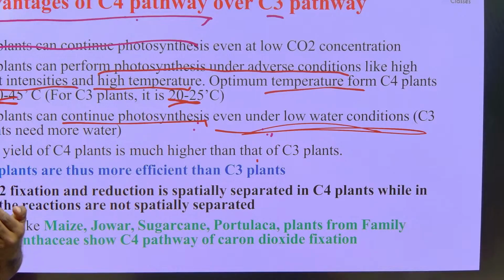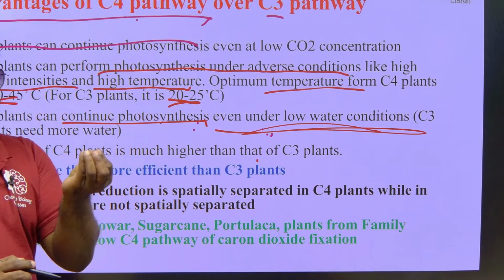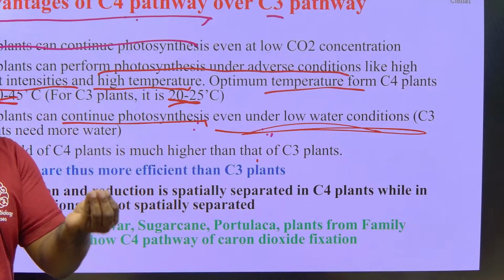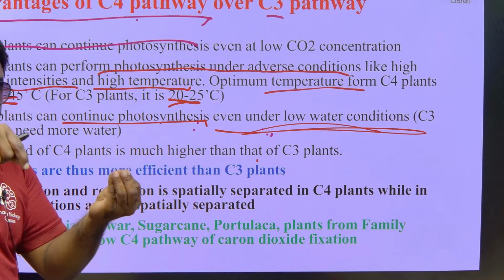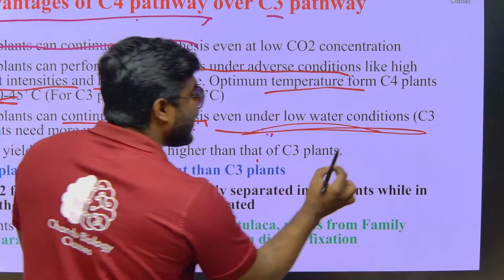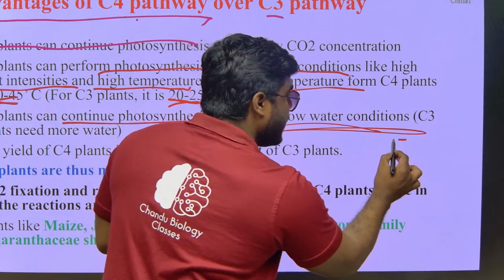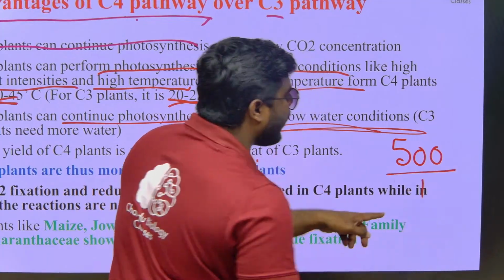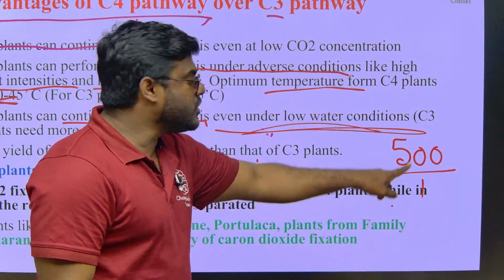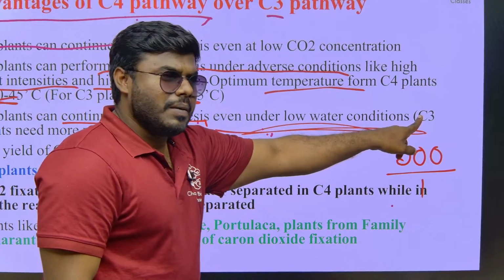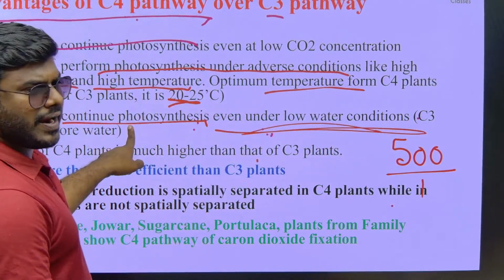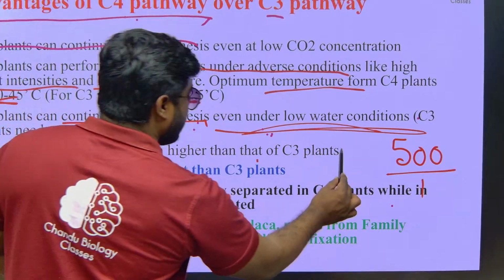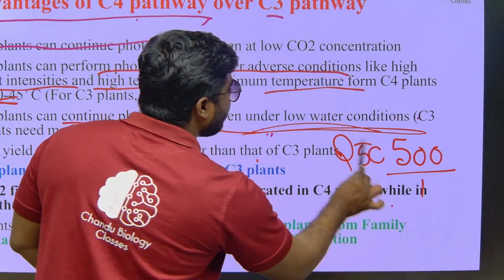C4 plants continue under low water conditions, which is measured by the transpiration ratio. In other words, how many water molecules are used by the plant to fix 1 carbon? If I take C3 plants, friends, in order to fix 1 carbon, it uses 500 water molecules. If you consider a C4 plant, in order to fix 1 carbon, it uses only 250 water molecules.